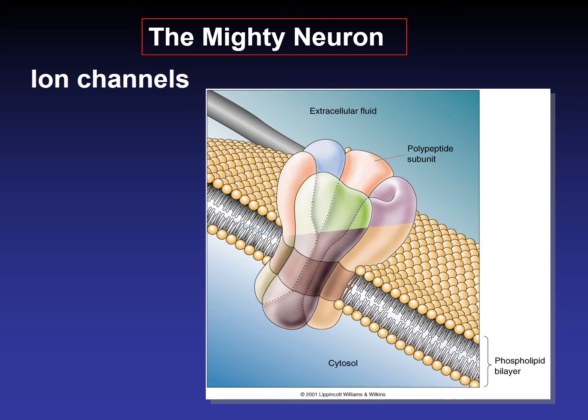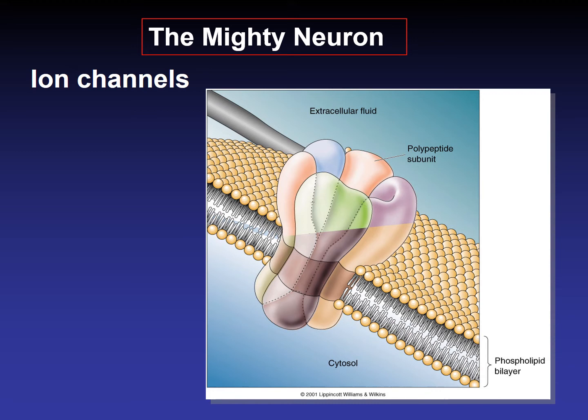Well, there are ion channels inserted into this cell membrane that enable the movement of certain kinds of ions. As we can see here, we see the phospholipid bilayer making up the cell membrane, and inserted into that cell membrane is an ion channel.